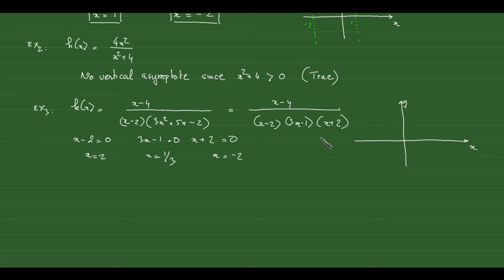So x equal negative 2 is the first vertical asymptote. X equal to 2 is the second vertical asymptote. And x equal to 1/3, so we have another one right over here, the third vertical asymptote. So we have a total of 3 vertical asymptotes.